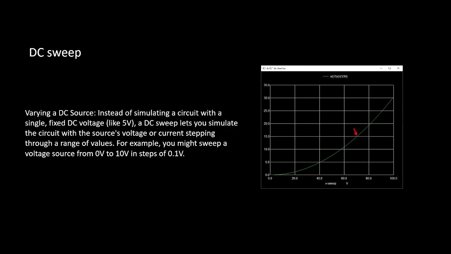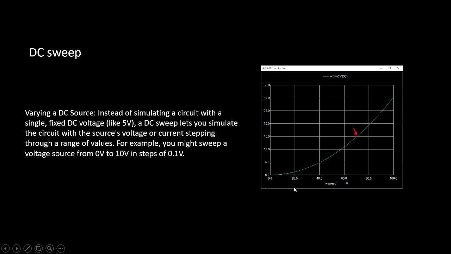Another analysis is called a DC sweep. In the last circuit we used a fixed voltage source. Instead of this, we use a varying voltage source, and a DC sweep lets you simulate a circuit with the source voltage or current stepping through a wide range of values. You might sweep a voltage source from 0 to 10 volts in steps of 0.1.